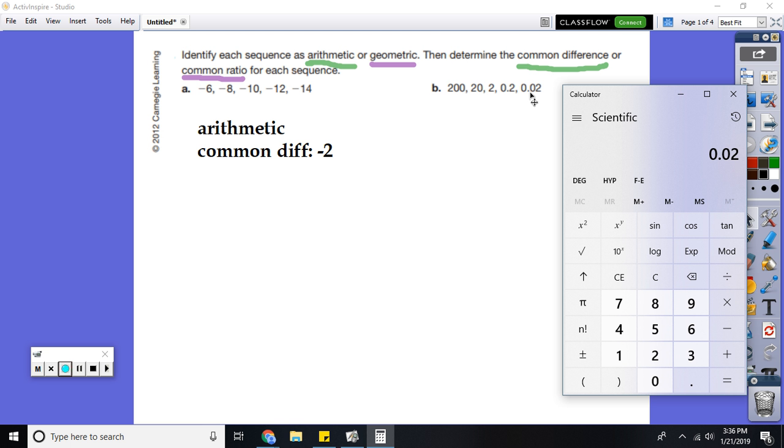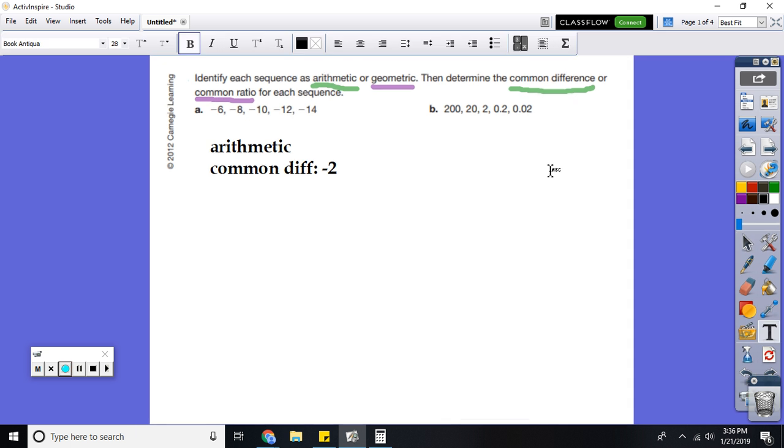And that would be my common ratio, 0.1. So this would be geometric, and my common ratio would be 0.1, or in fraction form, 1/10.